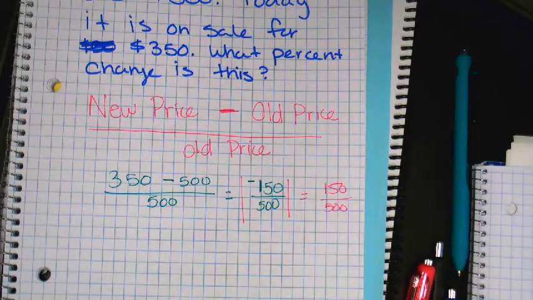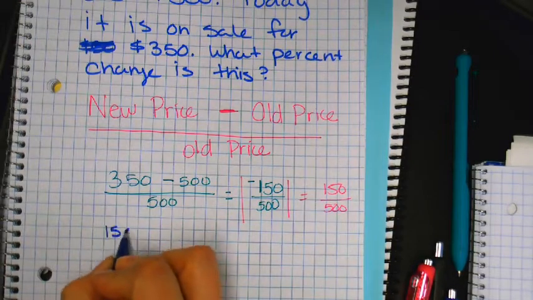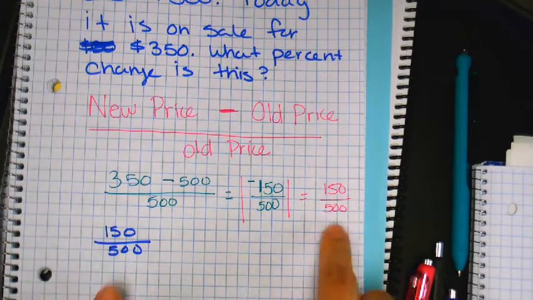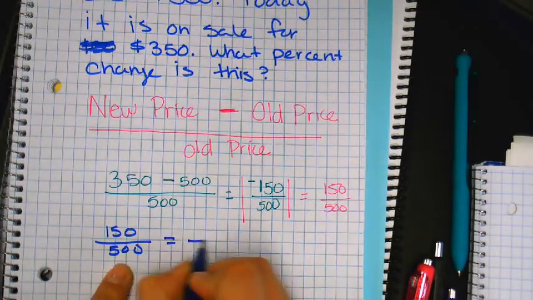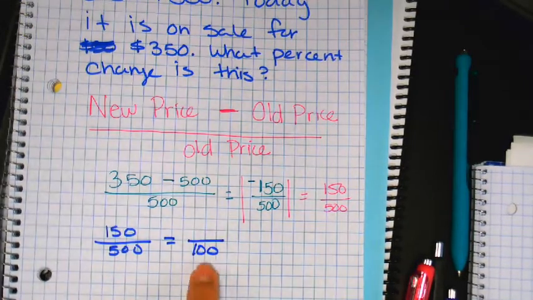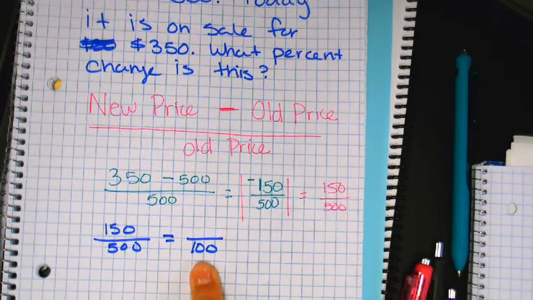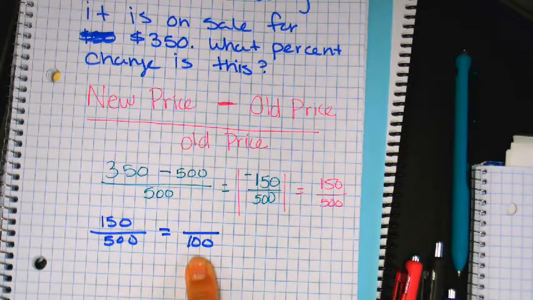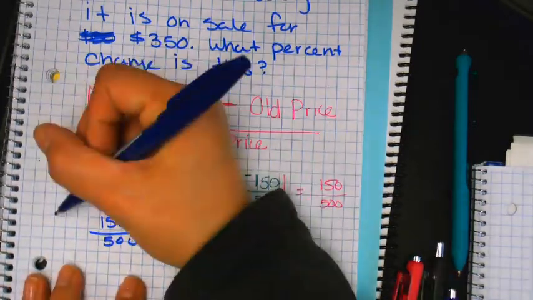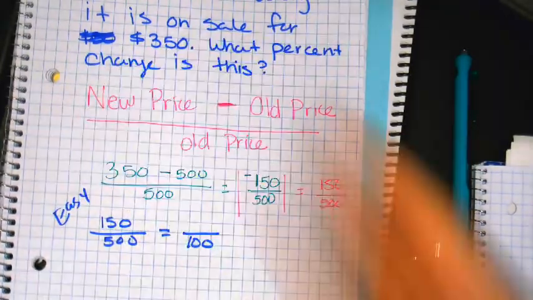So if I have 150 over 500, and I set it equal to 100. Why do I want to set it equal to 100? Yeah, because what are percents out of? 100. So this is the easy way. Does the easy way always work? No, but it works so easy.